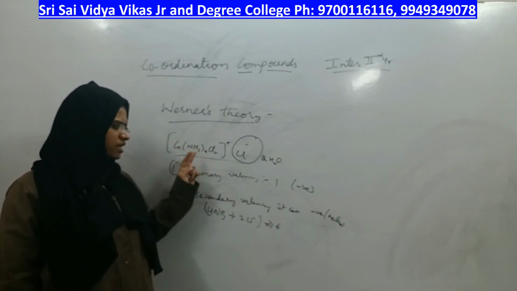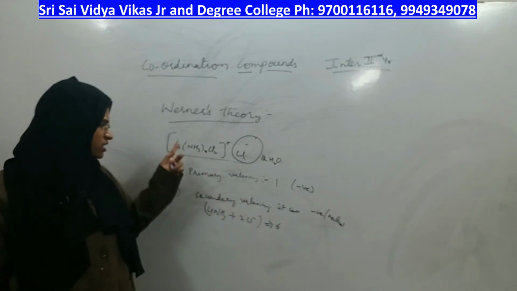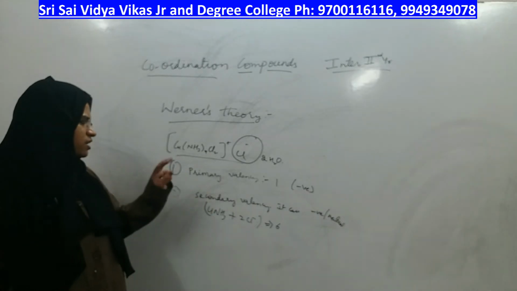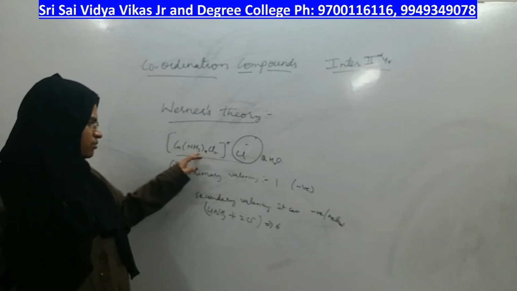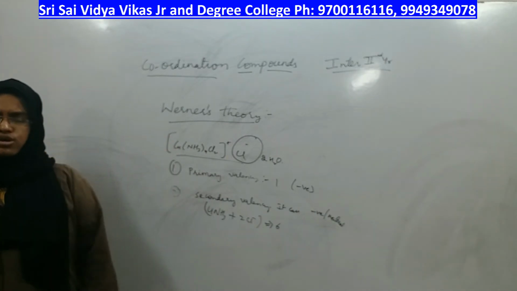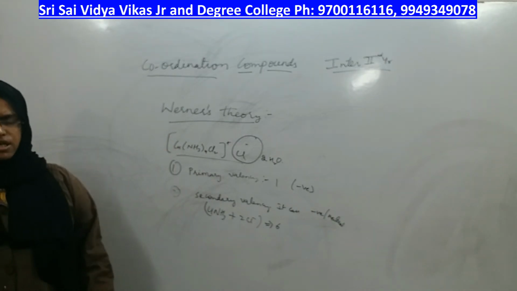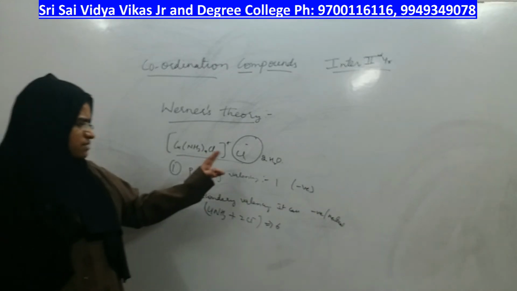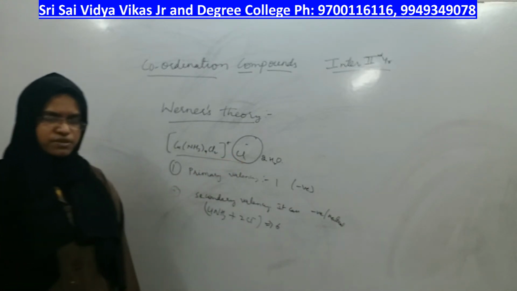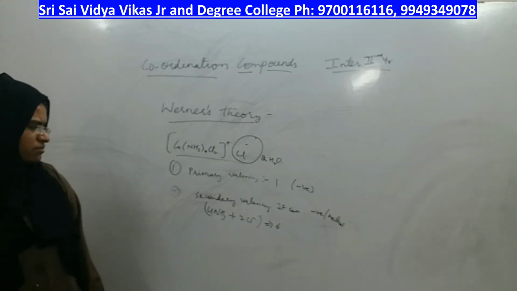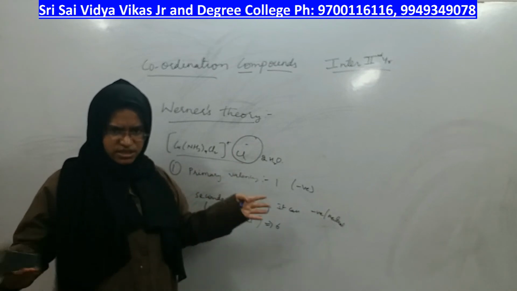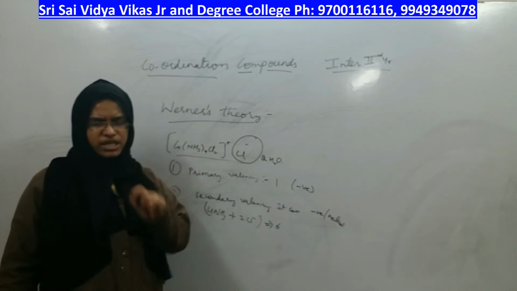Once the secondary valency is 6 for this particular compound, it should be 6 only, even if you take 3 chlorine and 3 ammonia, or 5 ammonia and 1 chlorine, whatever it is, the total value should be 6 only, because it cannot be changed. Whereas primary valency can be changed, secondary valency cannot. One more point about them is that primary valency can be ionized, meaning you can get a separate ion.